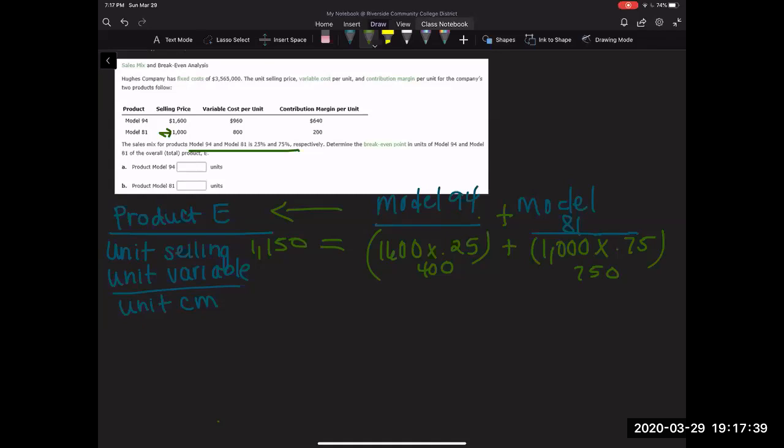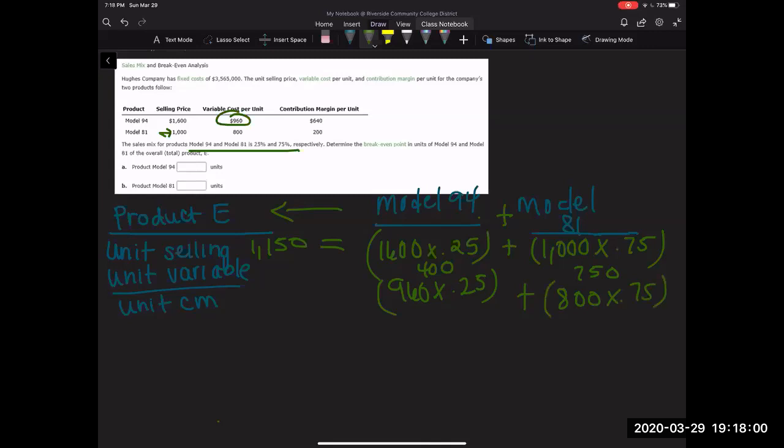Now we're going to do the same thing for our variable cost. For model number 94, our variable cost is $960, so I'm going to do $960 times the 25% sales mix. Then we do the same thing for model number 81. The variable cost is $800 times the 75% sales mix.